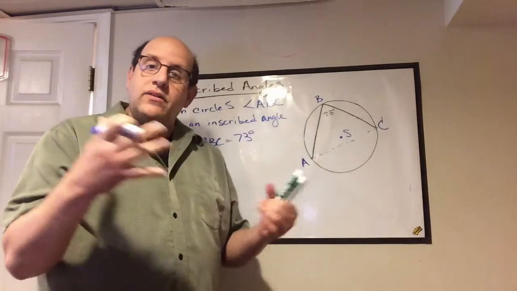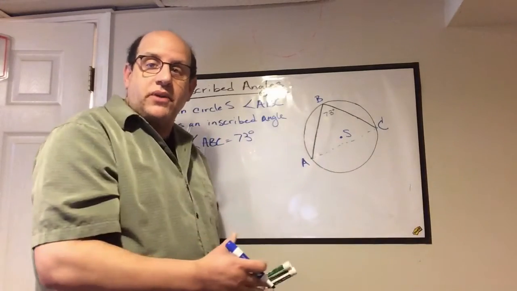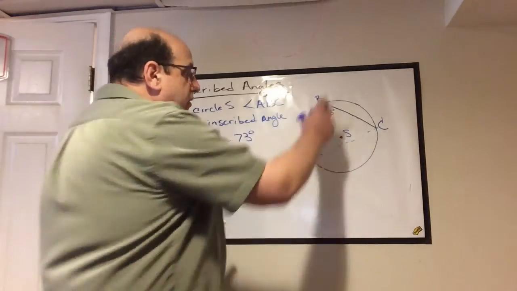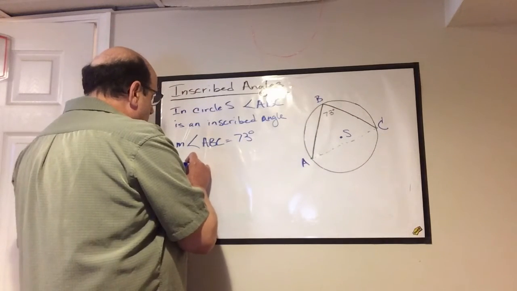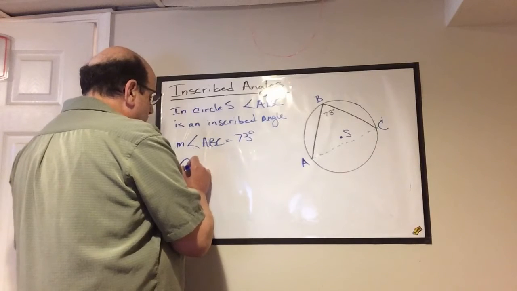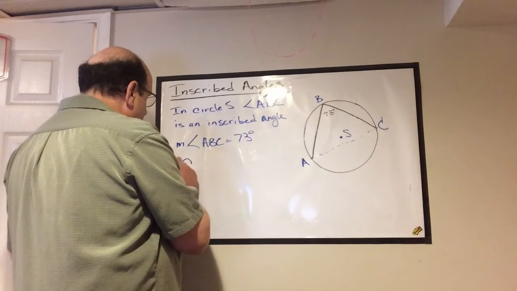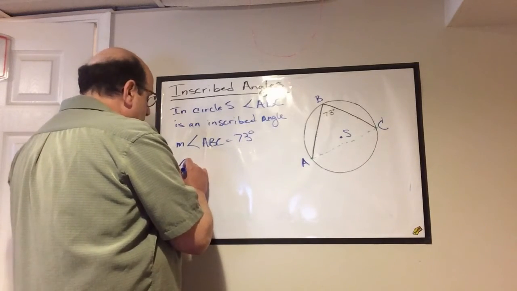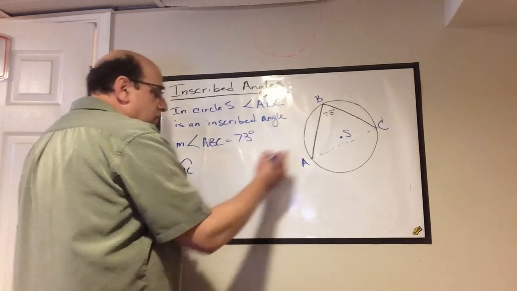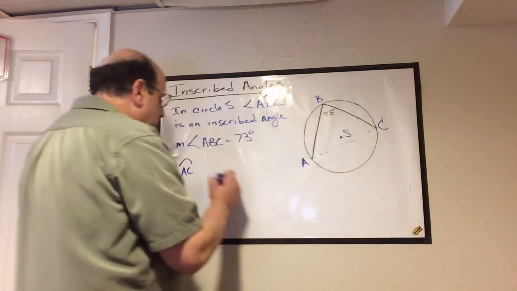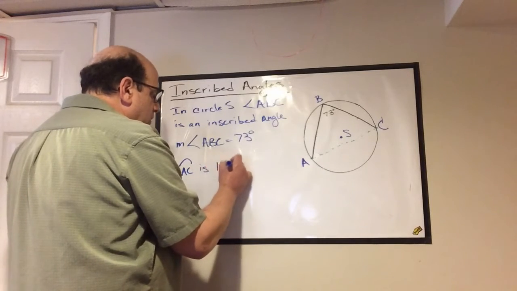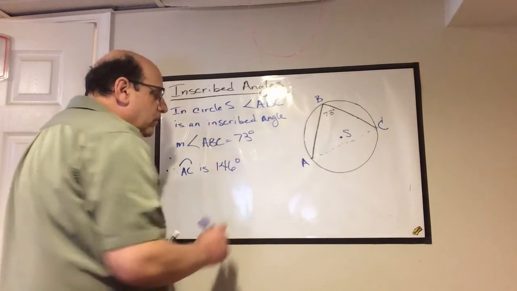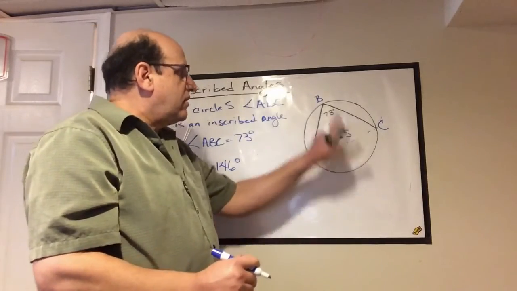And so I can tell anybody else out there that now that I know that this is 73 degrees, therefore arc AC, from here to here, right, is 146 degrees, because that arc is double that angle.